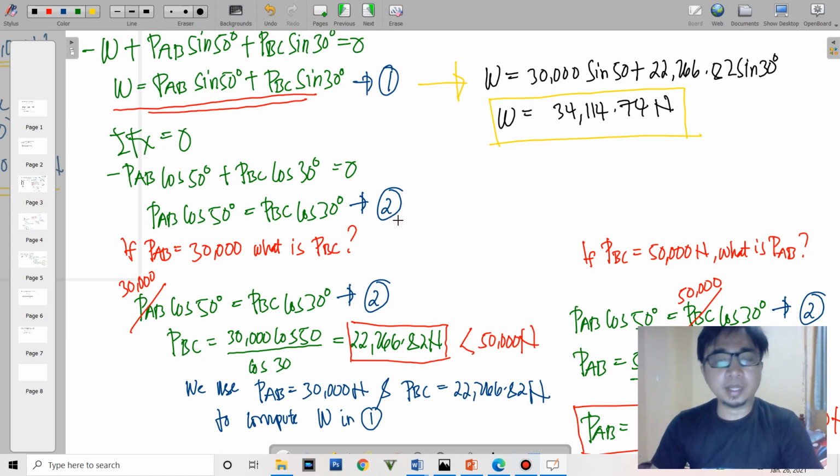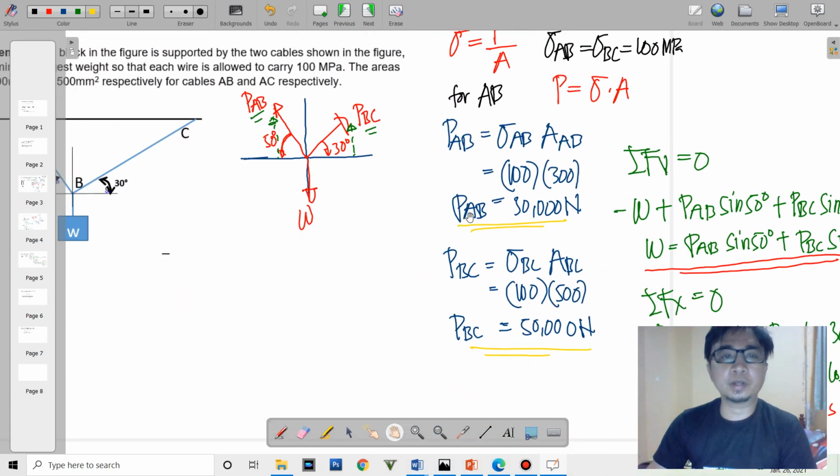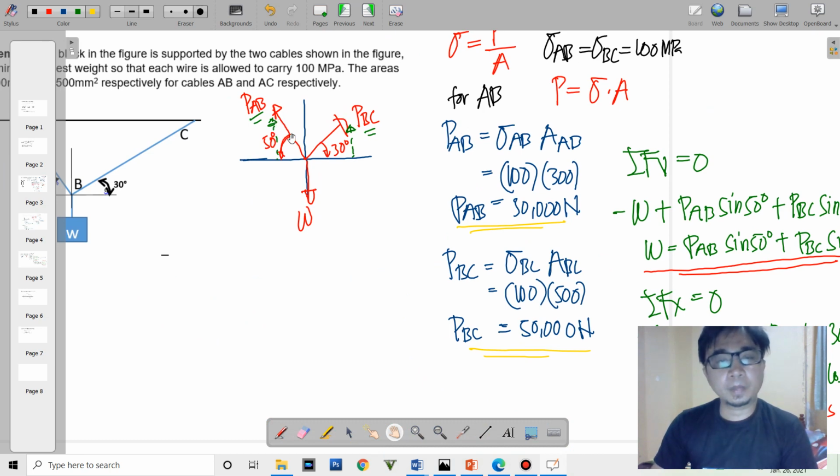So let me reiterate that the failure capacity of each of the cables is unique. Therefore, you cannot just use both of them in order to derive the load here. As an alternate solution, since we have three forces, recall from your mechanics that you can form a force triangle.